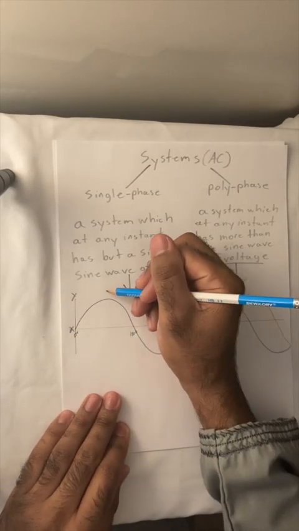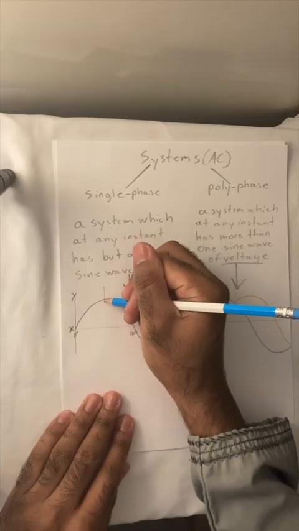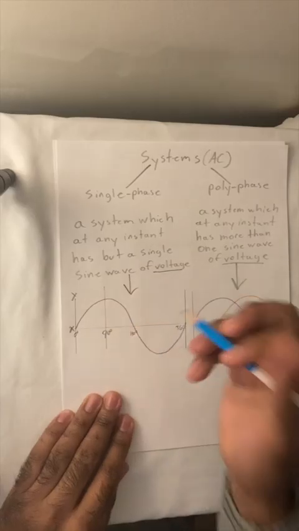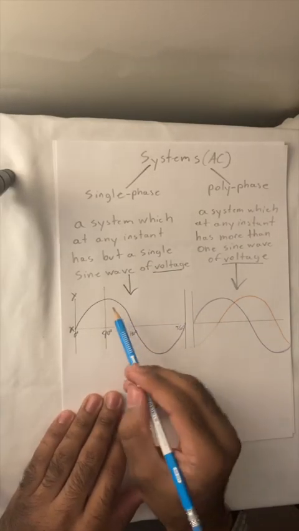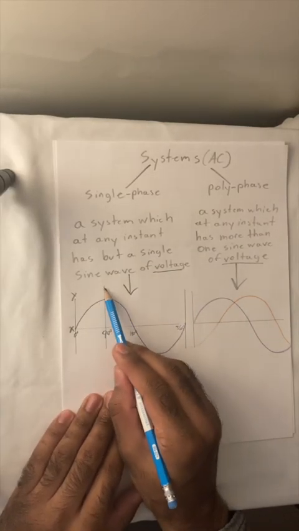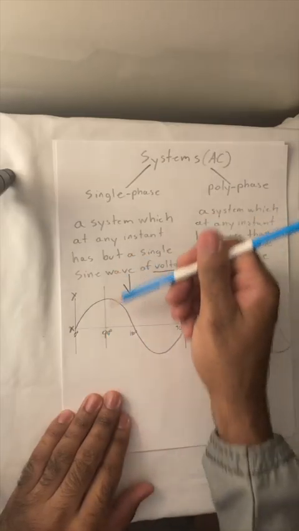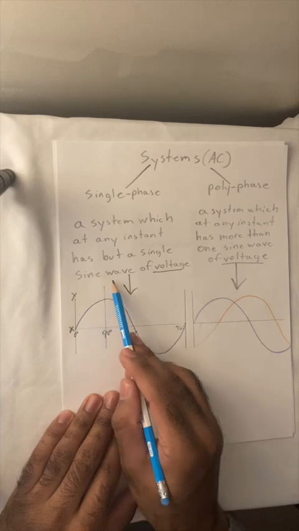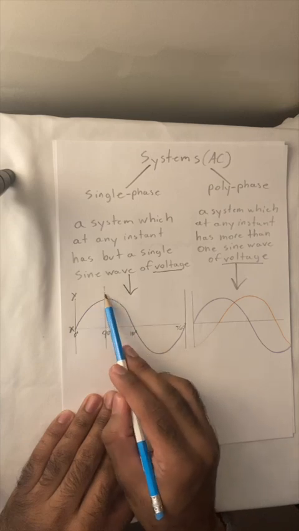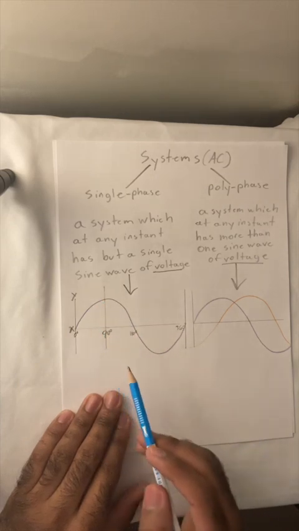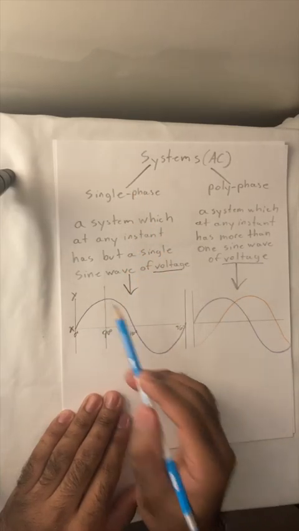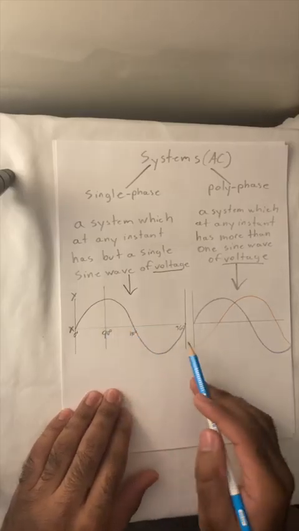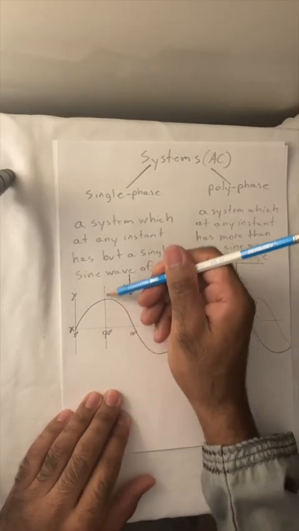If we were to intersect this point, or let's say, for instance, at this instant of 90 degrees, this line only intersects this graph of the sinusoidal wave at a point, and there's only one sine wave being intersected by this line.